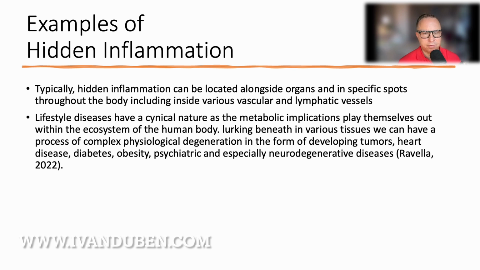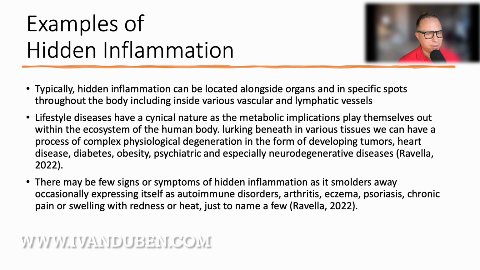Lurking beneath in various tissues, we can have a process of complex physiological degeneration in the form of developing tumors, heart disease, diabetes, obesity, psychiatric, and especially neurodegenerative diseases. There may be few signs or symptoms of hidden inflammation as it smolders away, occasionally expressing itself as autoimmune disorders, arthritis, eczema, psoriasis, chronic pain, or swelling with redness or heat. That's just to name a few.